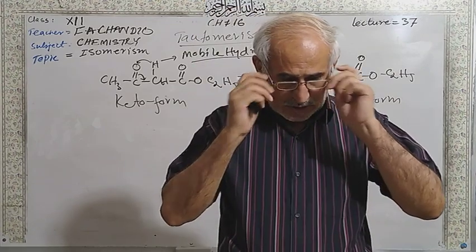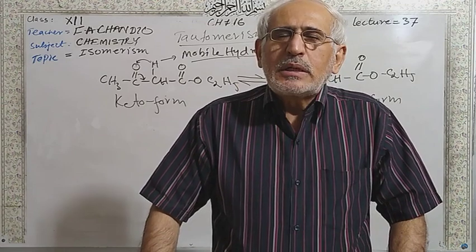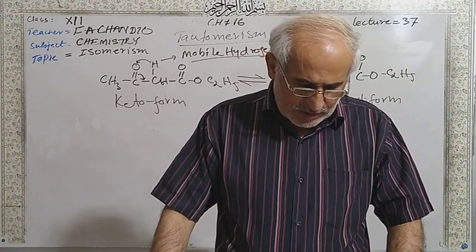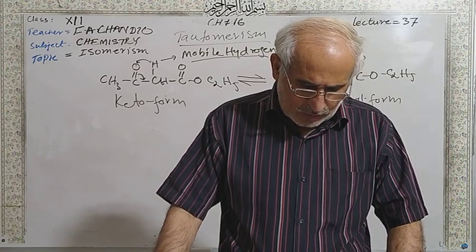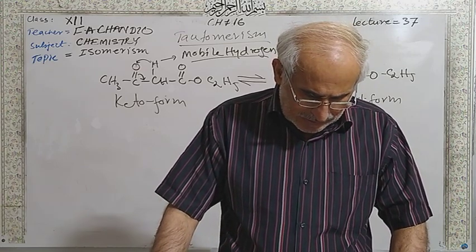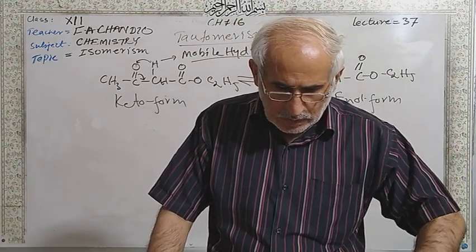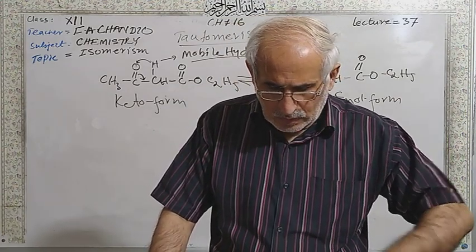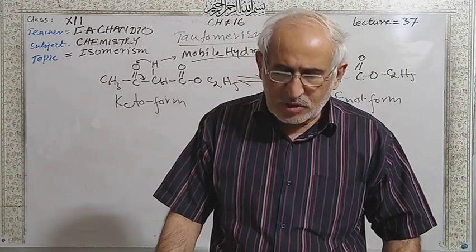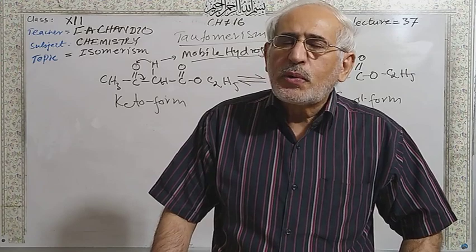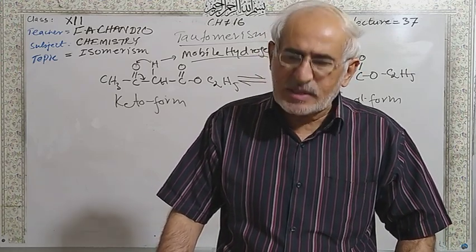So students, we have done all 5 kinds of structural isomerism. Geometric isomerism we will do next. Go back again: there are 2 isomerisms, stereoisomerism and structural isomerism.